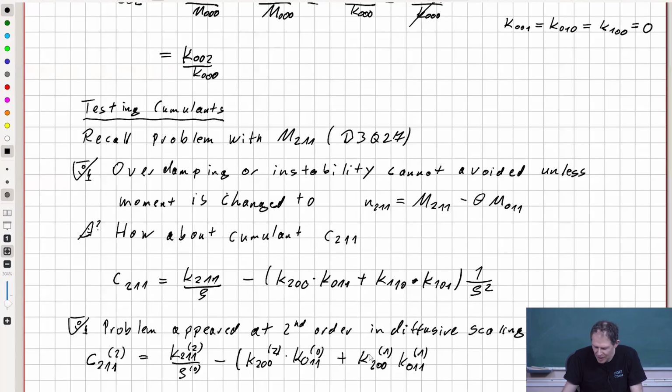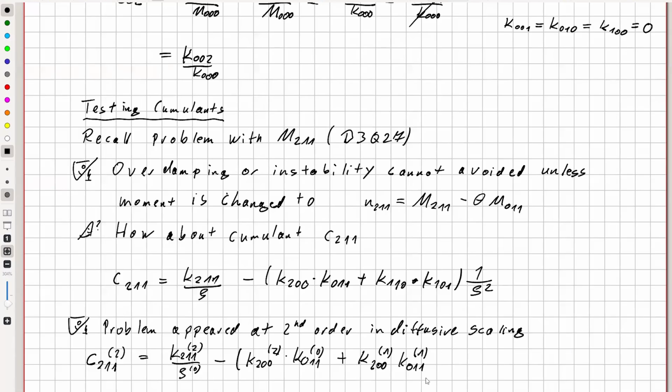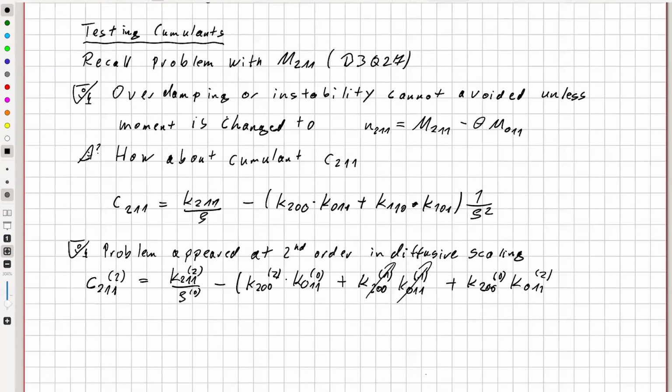So this must be 2 and 0 or 1 and 1. But you already know that these things do not exist, so we can eliminate them. Then there is K200 to zero order and K011 to second order plus 2K.